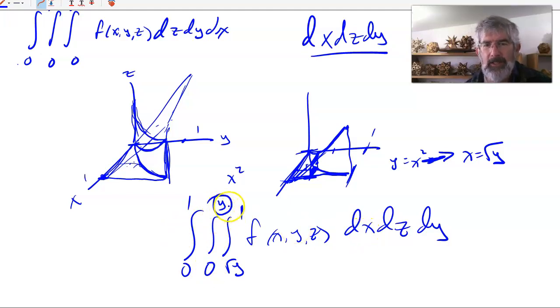It has to be a function of y. That's why I like the y right here. Likewise, the limits of the inside integral can be functions of both the outside variables. So I could have z's and y's in here, but I don't need them. I only need the y. Okay. So anyway, for what it's worth, there's that example 5.40.